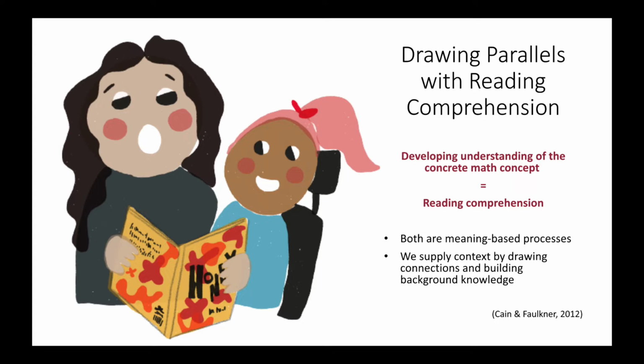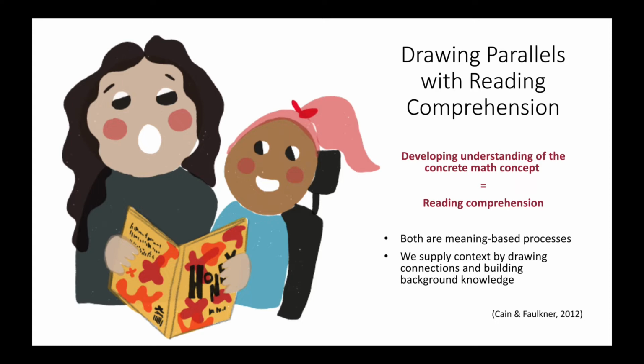Developing these understandings of the concrete is really like reading comprehension, because reading comprehension is all about making meaning, understanding. Both of these things are meaning-based processes, developing that understanding of the concrete and reading comprehension. They're both based in meaning.